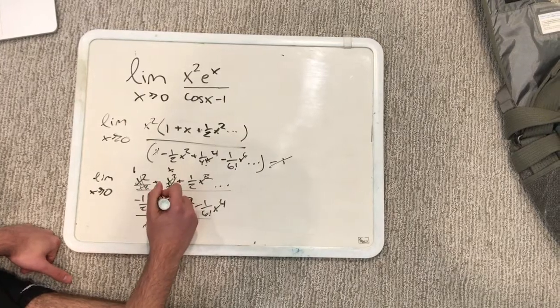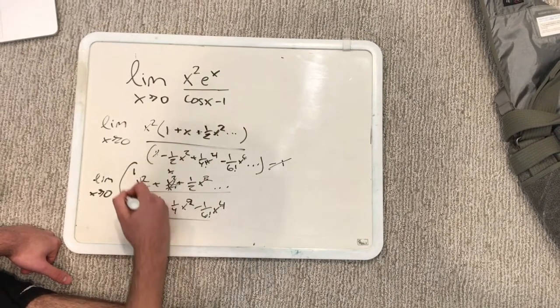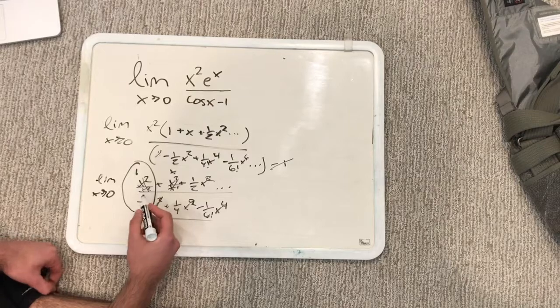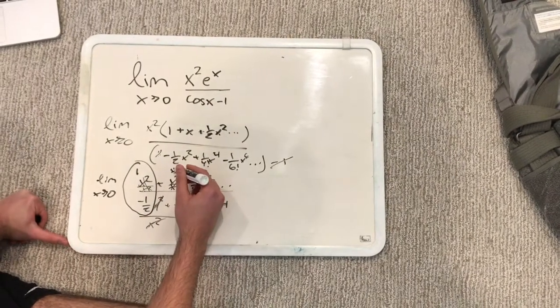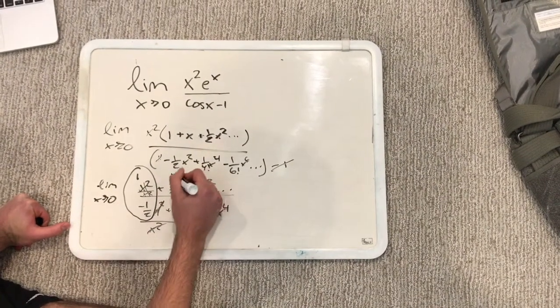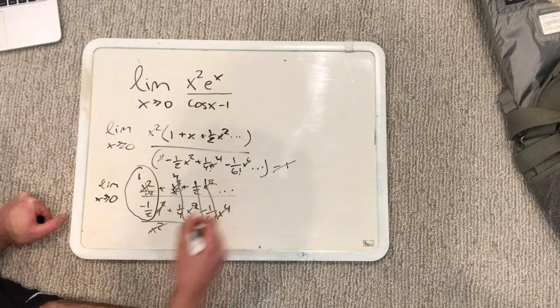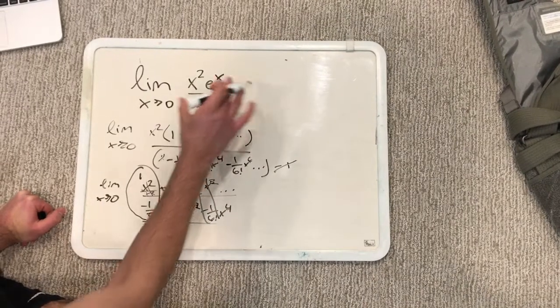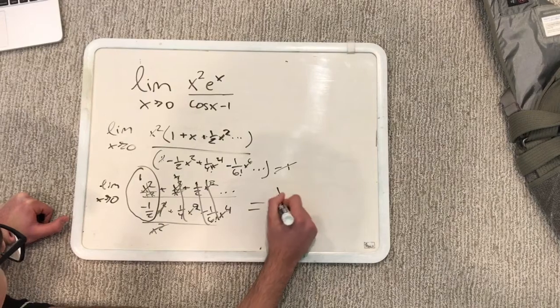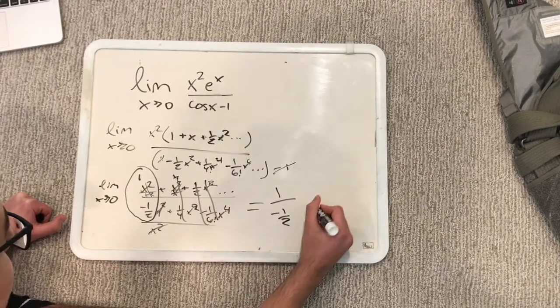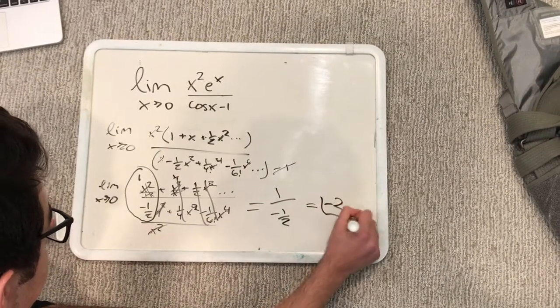So the only constant we have throughout this whole thing is going to be the 1 over the negative half, because the rest of these, as the limit approaches 0, are all just going to become 0, and these will all just cancel out. So the limit as x approaches 0 of this function is going to equal 1 over negative half, which just equals negative 2.